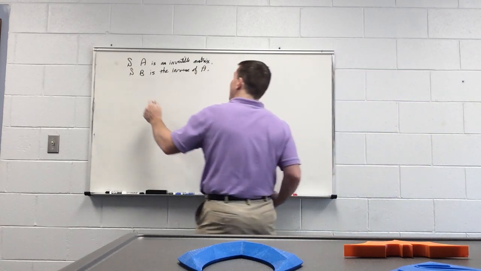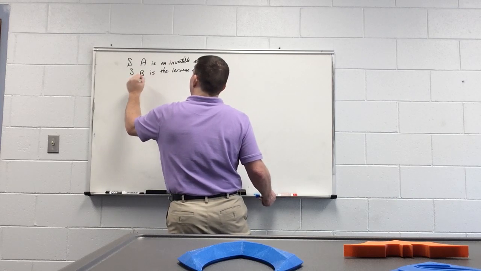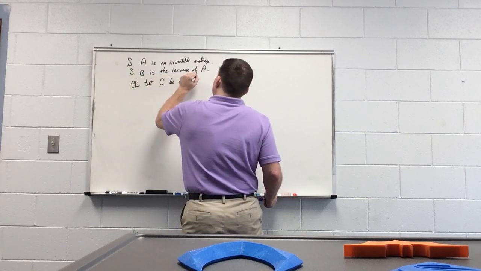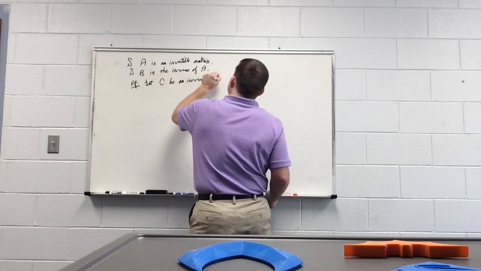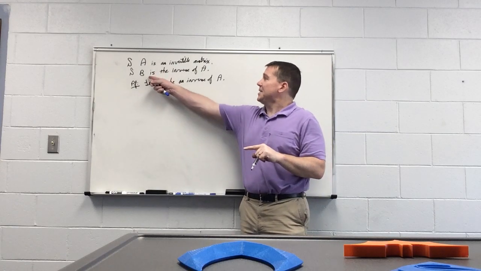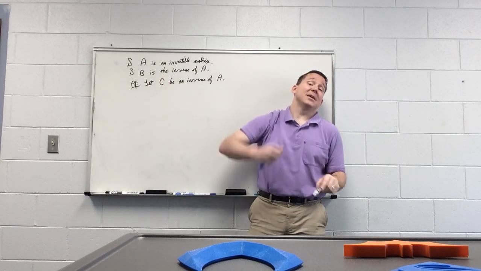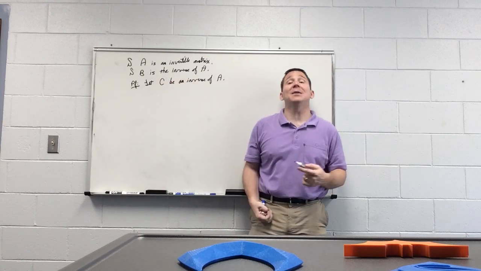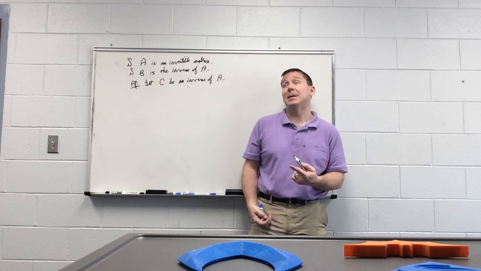So now what I'm going to do is, let C be an inverse of A. So either B is an inverse and C is an inverse and they're different, or I need to show that C is the same as B and has to be the same as B.